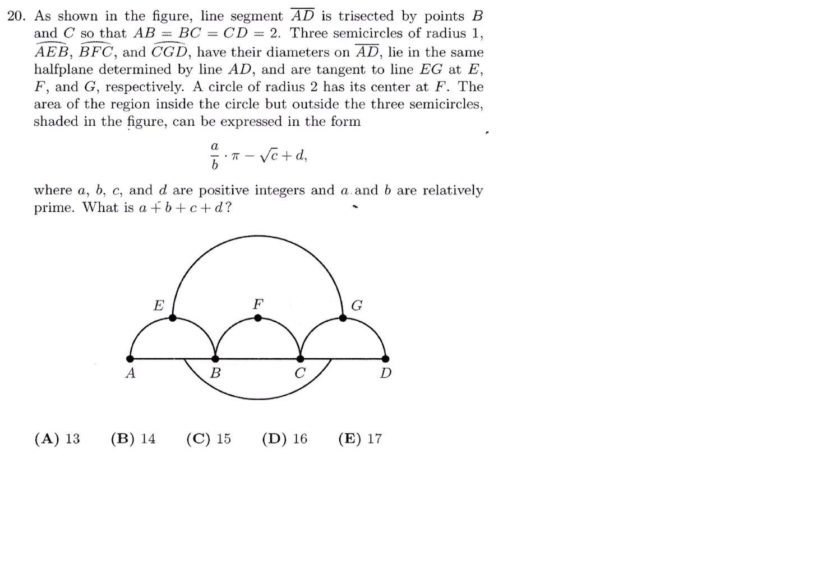A circle of radius 2 has its center at F. The area of the region inside the circle but outside the 3 semicircles shaded in the figure can be expressed in the form A over B times pi minus root C plus D, where A, B, and C are positive integers and A and B are relatively prime. What is A plus B plus C plus D?